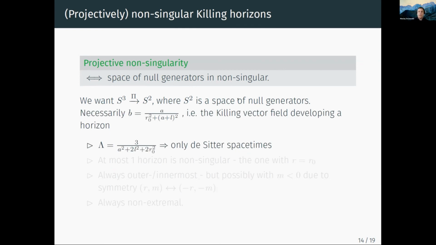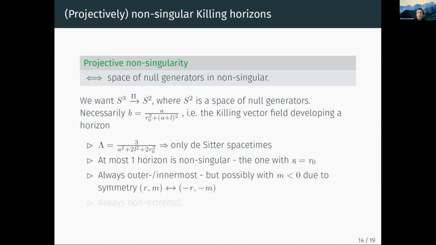Then we necessarily have to use the Killing vector field that generates the horizon. As it happens, this is only valid for de Sitter spacetime, as we necessarily find that lambda has to be greater than 0. At most one of the horizons is non-singular because we have to, by hand, put r equal to r0, which is the radius of the horizon. Also, either the outermost or innermost horizons can be non-singular, and they are also non-extremal.